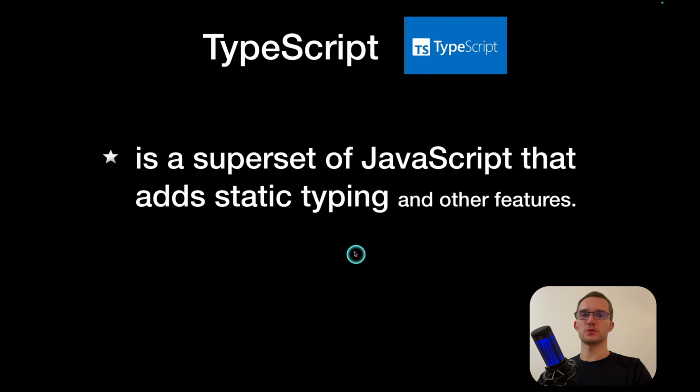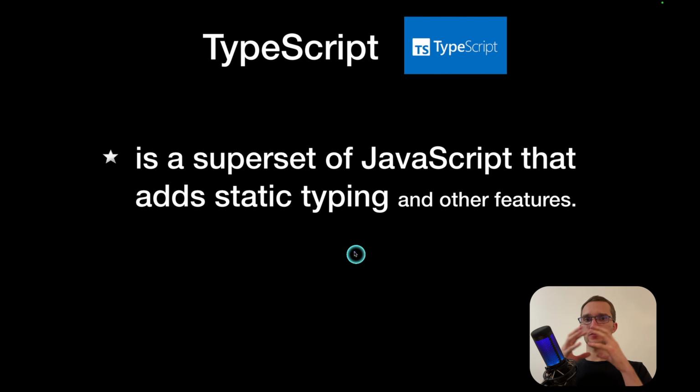All right, so you may have probably already heard about TypeScript. Like that TypeScript is kind of JavaScript, but not quite. Yeah, so let me explain it. So first, imagine we have JavaScript. And then, let's read this. TypeScript is a superset of JavaScript that adds static typing and other features.